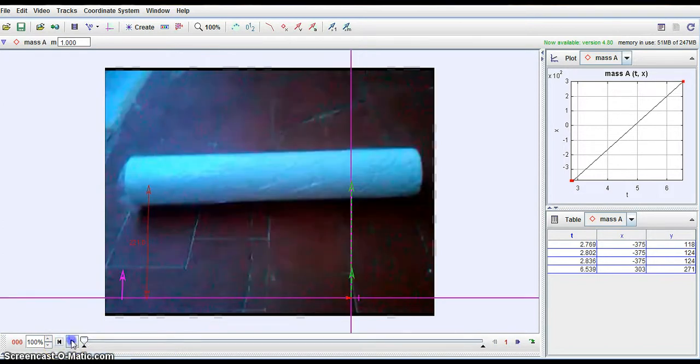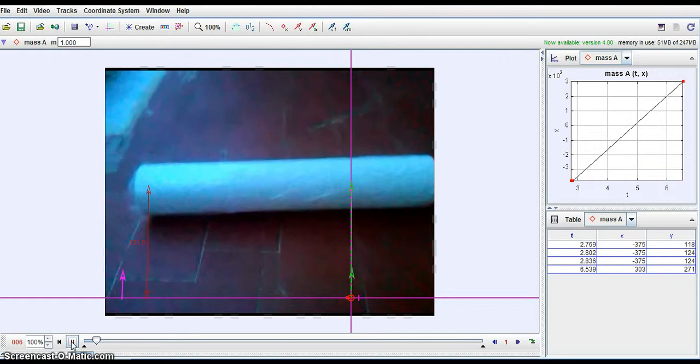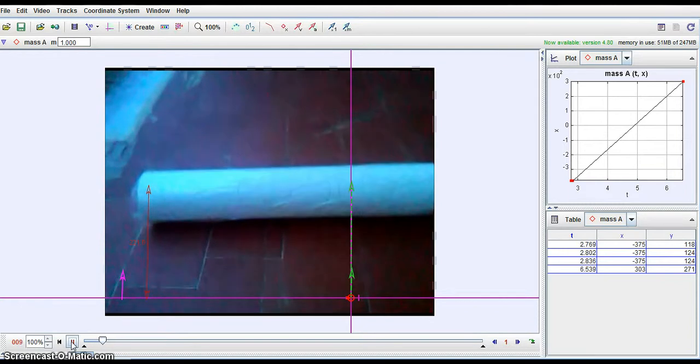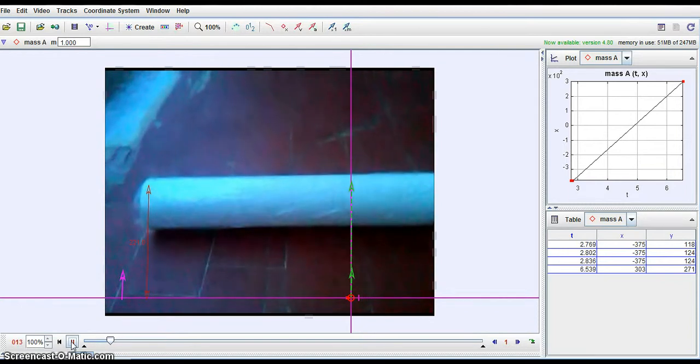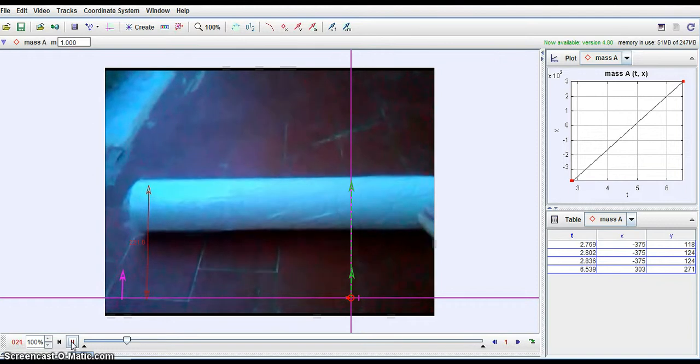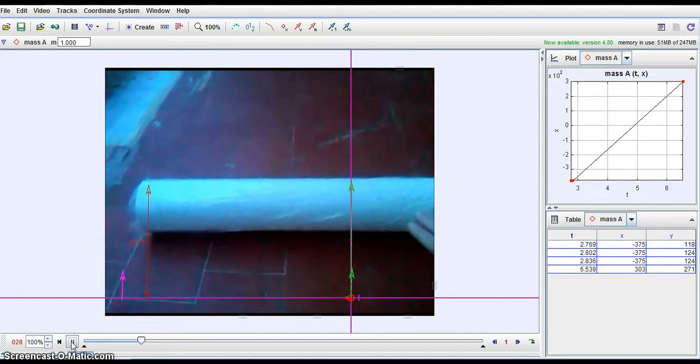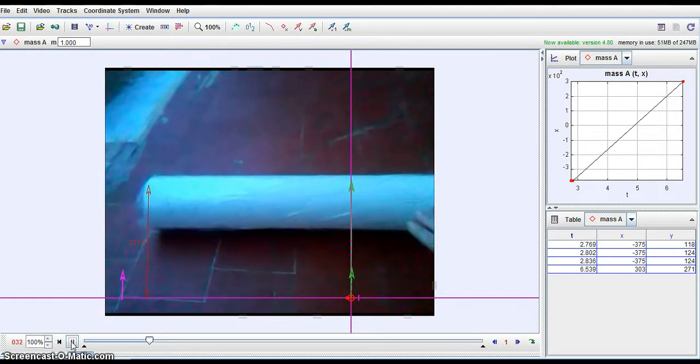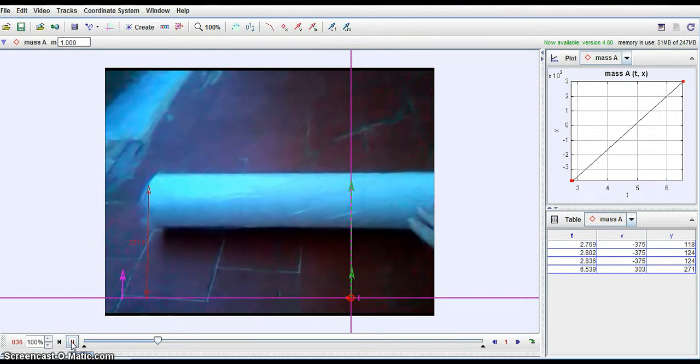Let's initiate the motion, in which we can clearly see in the x-y axis how the acceleration is going to take place, where F is the net force, which is going to be placed at this moment.